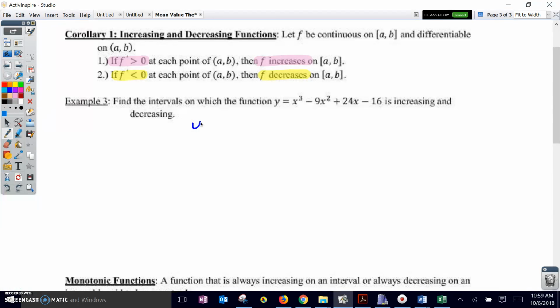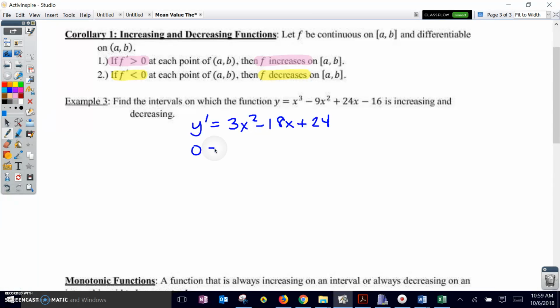So I take the derivative. y prime is equal to 3x squared minus 18x plus 24. And I'm looking for where this is positive and negative. And a good way to find out where a function is positive and negative is to first look at where it's 0.